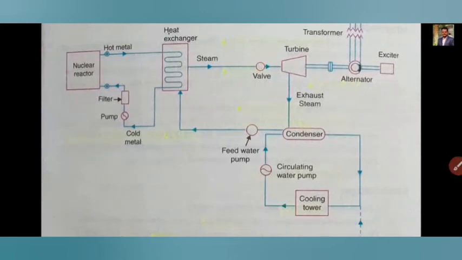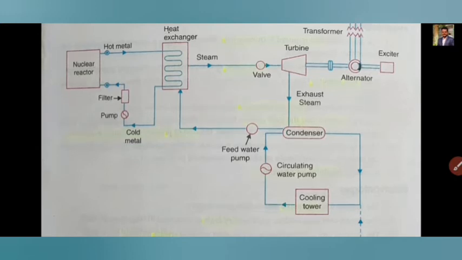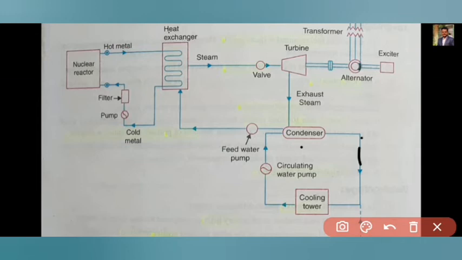You should remember that this water also has some heat, because the steam's energy is reduced in the turbine but it still has heat. So before releasing it to the river, we should pass it through the cooling tower. It goes through the condenser to this.